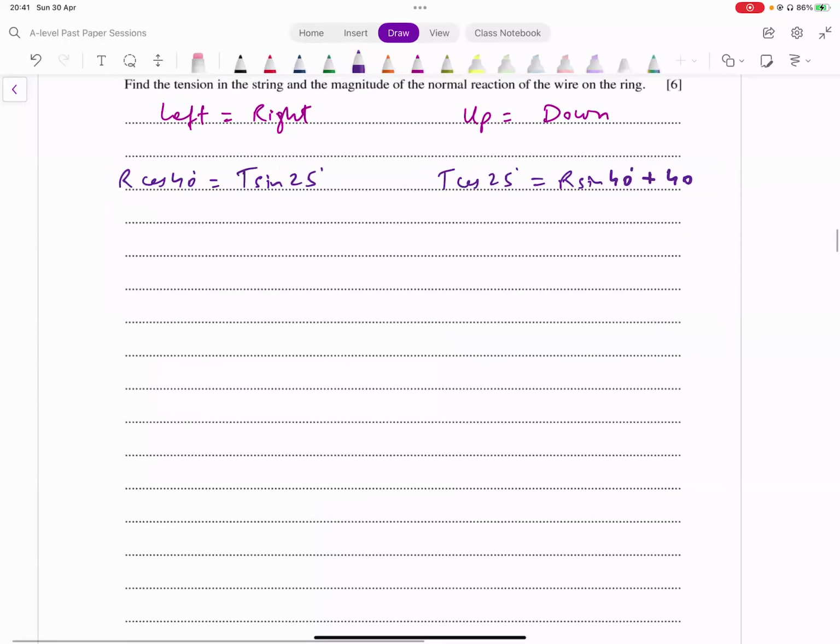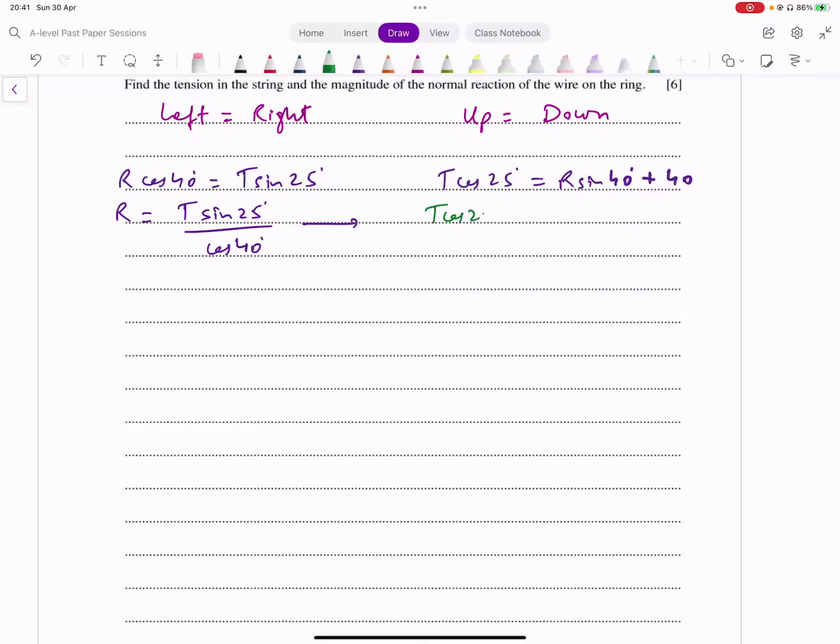Okay, हम क्या करें अब? इसमें हम एक equation में से किसी को subject बना लेते हैं. Let's make r the subject here. If we do that, we get t sin 25 over cos 40. Let's put that in the other equation. R की जगह पे ये input कर दें.